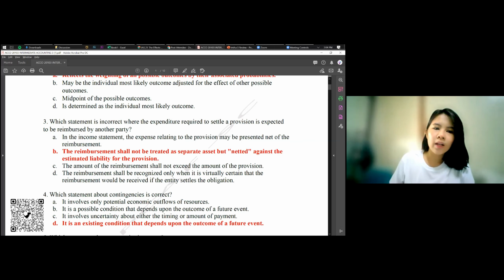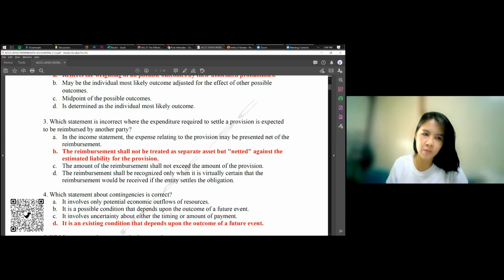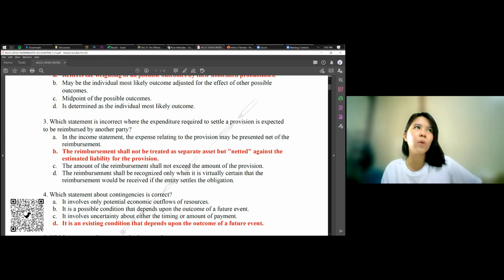Okay. While for C, actually, if I were to answer this independently, hindi ko alam yung sagot. Malilito ko intensely sa C at D. Kasi it involves uncertainty about either the timing or amount of payment. Kasi there are both uncertainties with provisions and contingencies, diba? It started with provisions. Sa accrual, less yung subjectiveness.